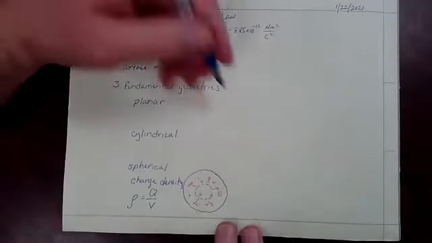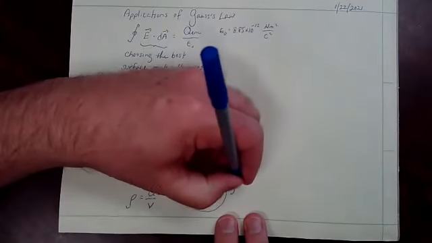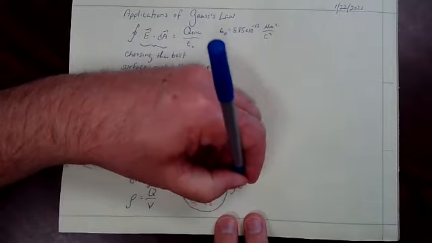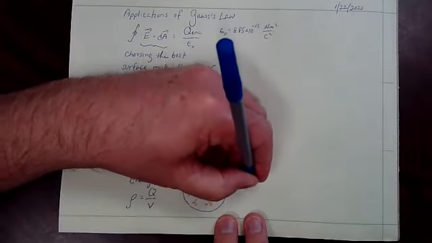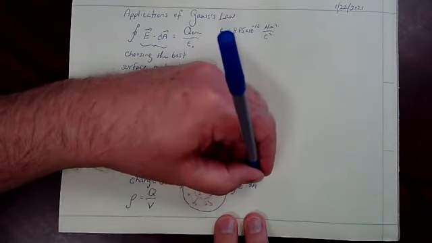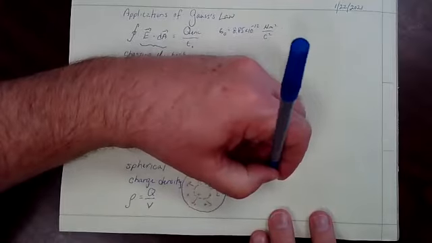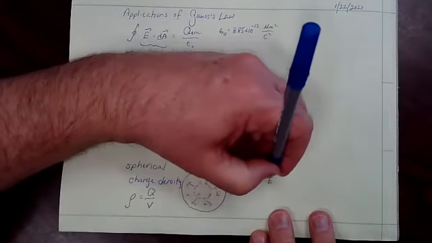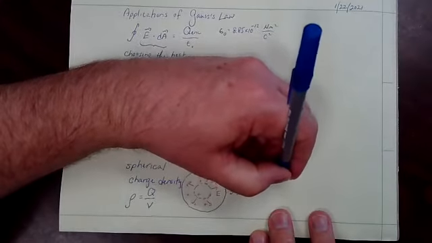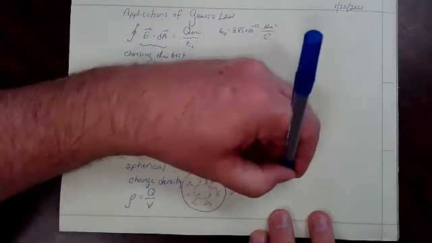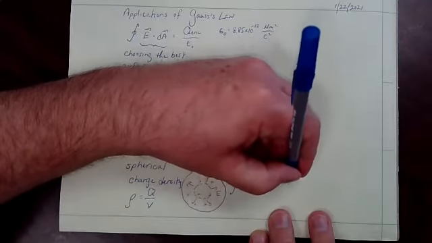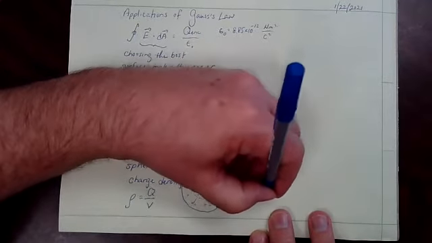So when we do the integral of E dot dA on this closed surface, E is parallel to dA, and E is constant.